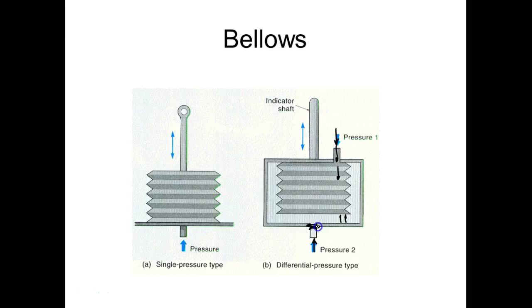We could also seal a pressure in here, like 20 psi. Or we could put 14.7 psi in there, and now my diaphragm would be absolute, right? You understand? Okay. So we could run it as sealed, we could run it as differential.